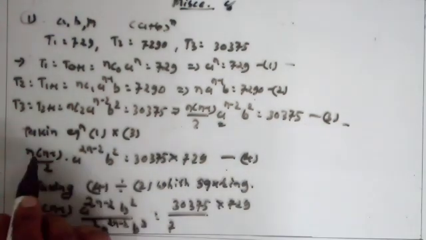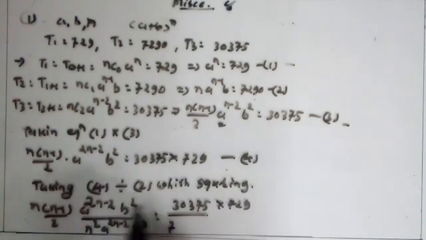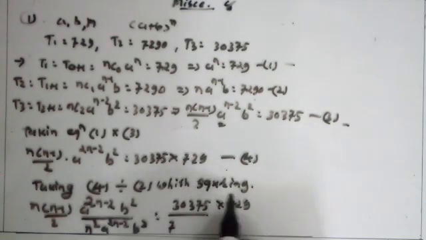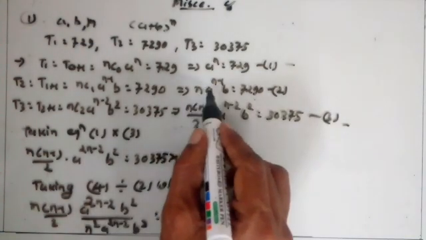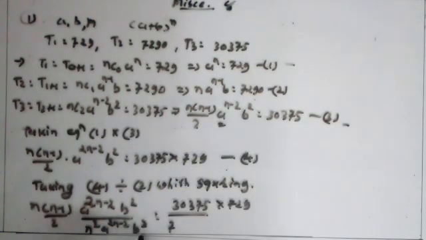Okay, equation 4 by equation 2 squared, that is n square, a raised to 2n minus 2, b raised to 2, divided by 7290 squared, because the square is given. So one n cancels, and a raised to 2n minus 2, b raised to 2 cancels.